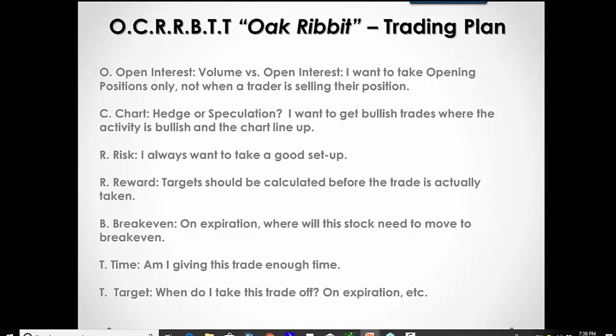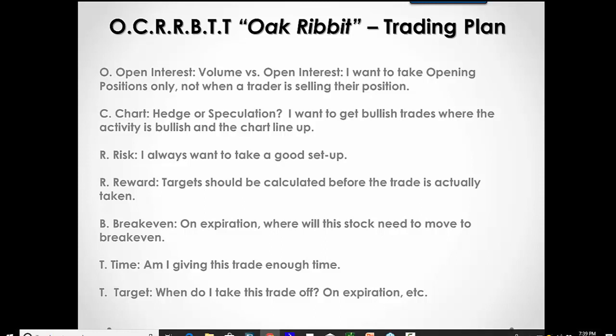The first thing I look at is the option volume. Is volume greater than open interest? I want to only take positions where volume is greater than open interest. Then I look at the chart.